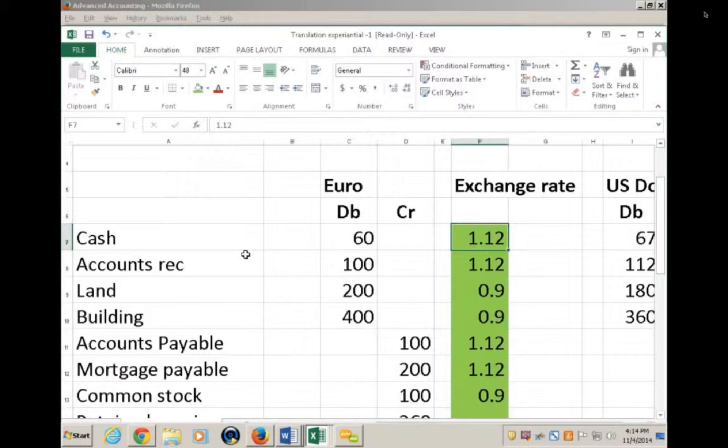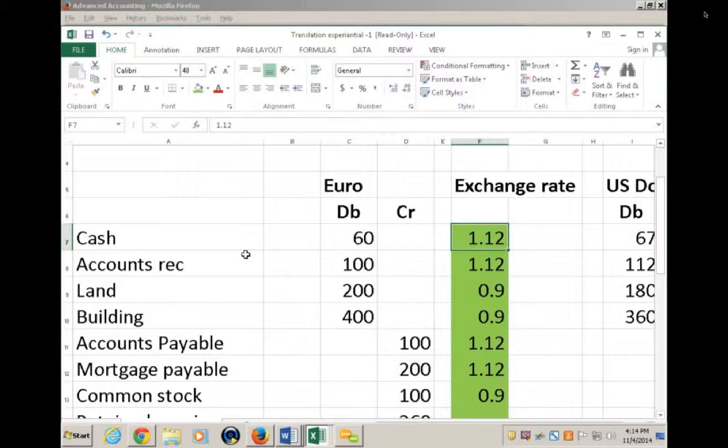Yeah, current. And for longer dated assets, what kind of rate do we use? Historical.